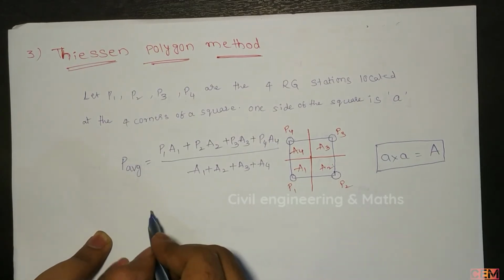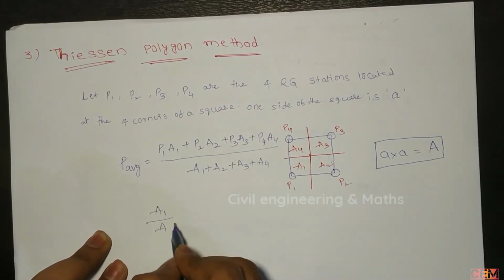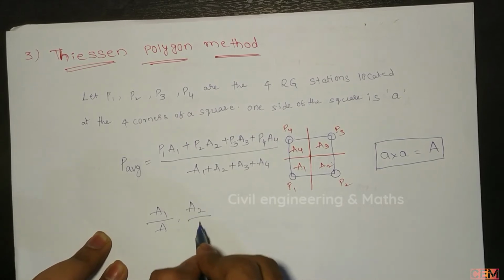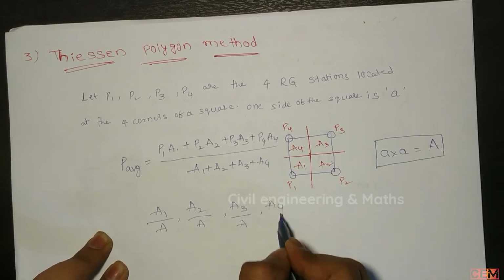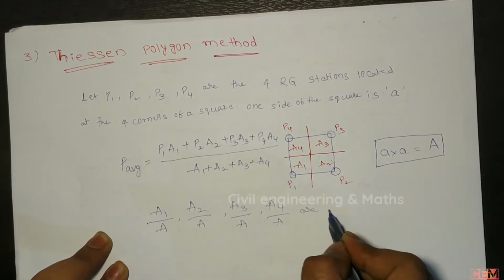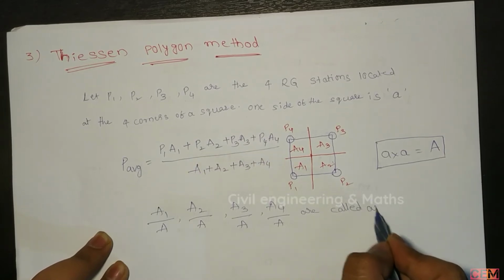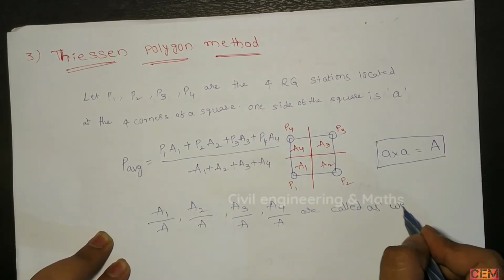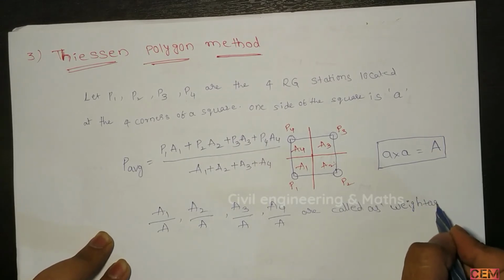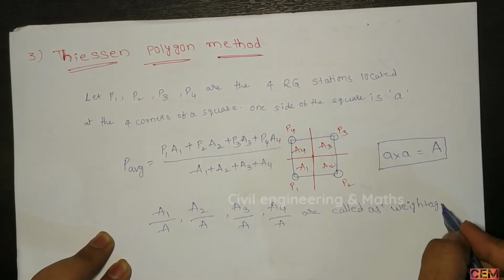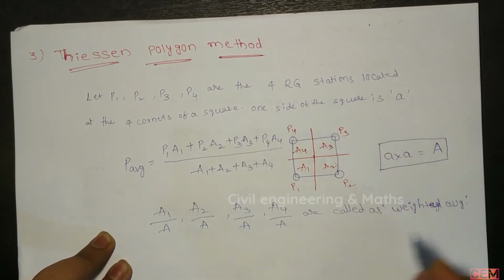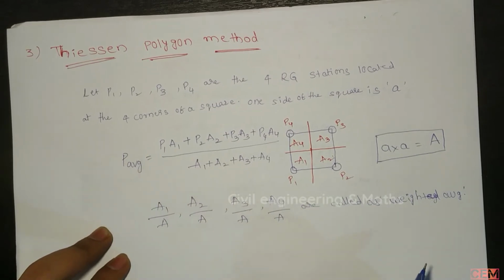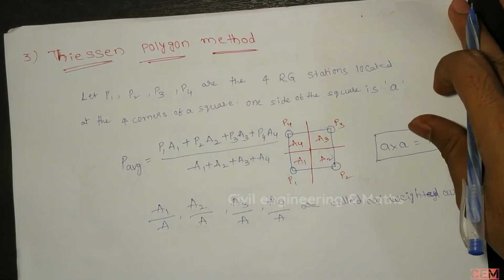And A1 by capital A, A2 by A, A3 by A, A4 by A are called weighted averages. So this method is also called the weighted average method. Now we can take one example problem.